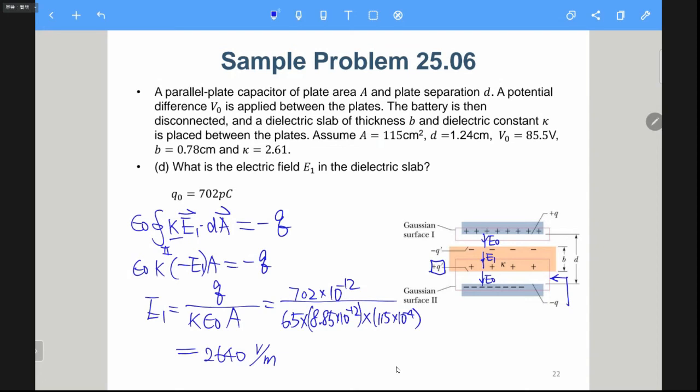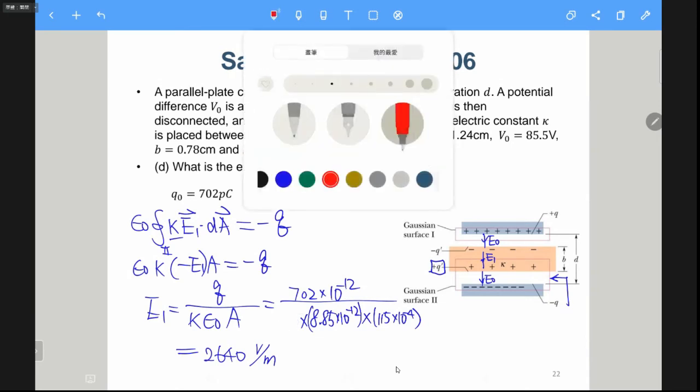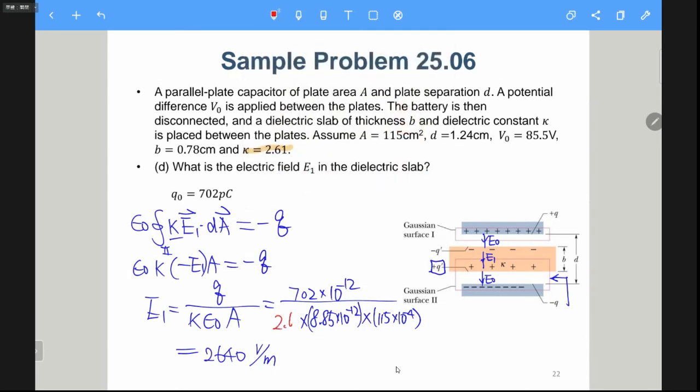Oh, sorry, this is not 6.5. In this question, the kappa changed to 2.61. So here it should be 2.61.